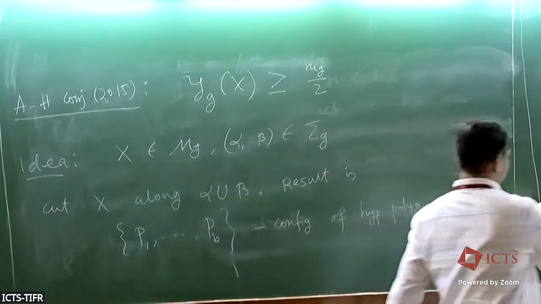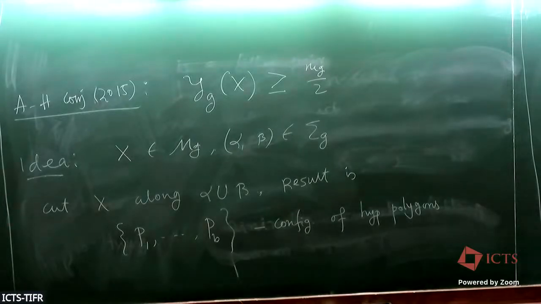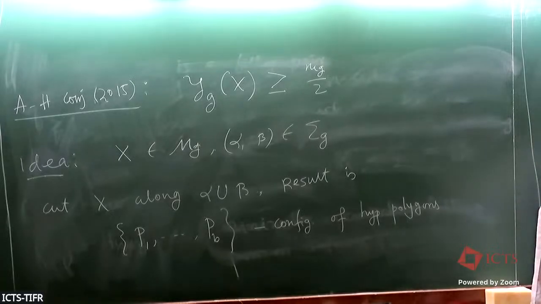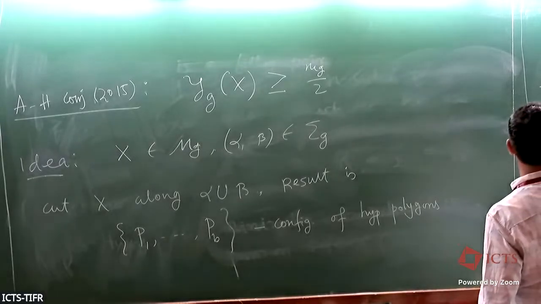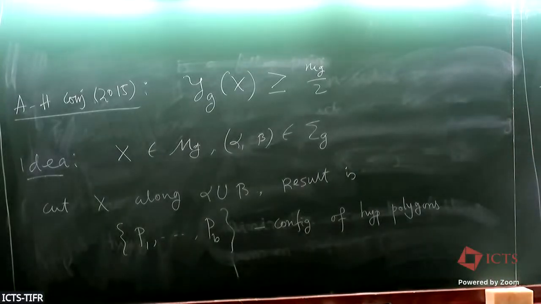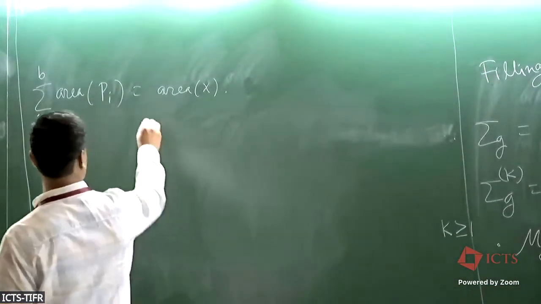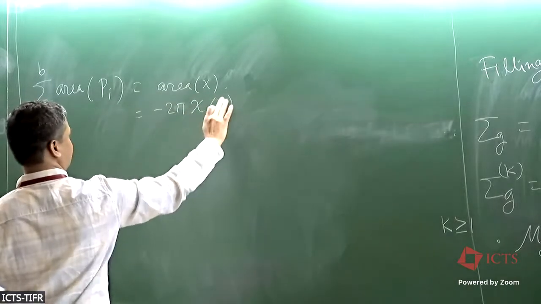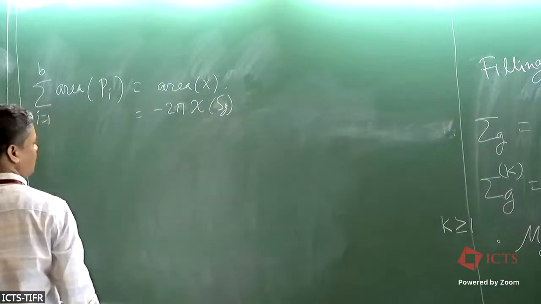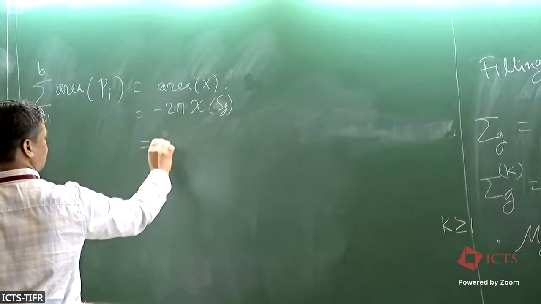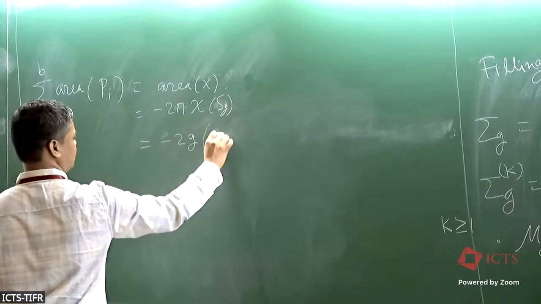One immediate observation is that the sum of the areas of these polygons is the total area: the summation of the area of P_i, i equal to 1 to B, is equal to the area of the surface X, which is equal to minus 2 pi times the Euler characteristic of the surface S_g, which is equal to minus 2 pi times (2 minus 2g).